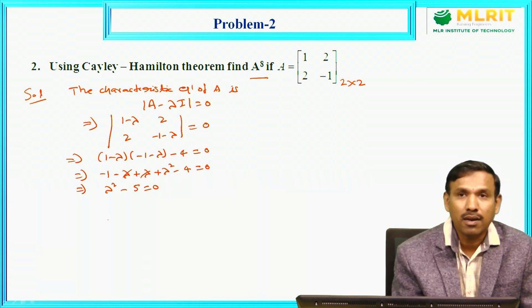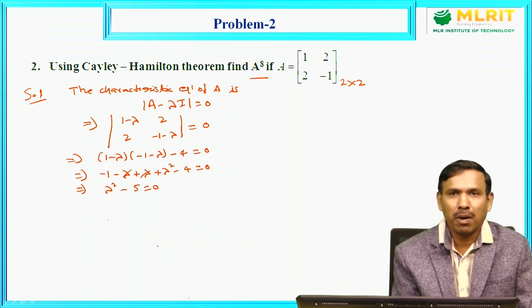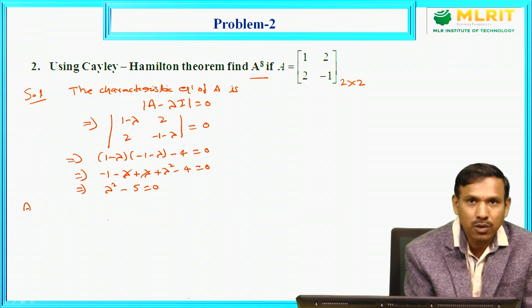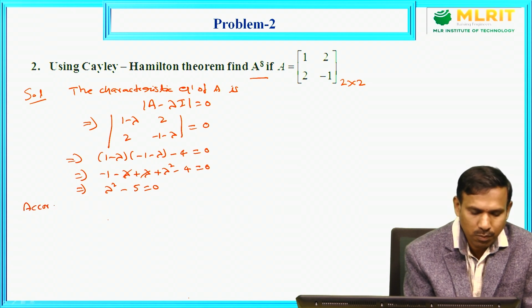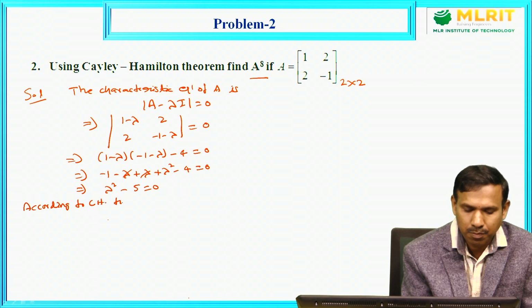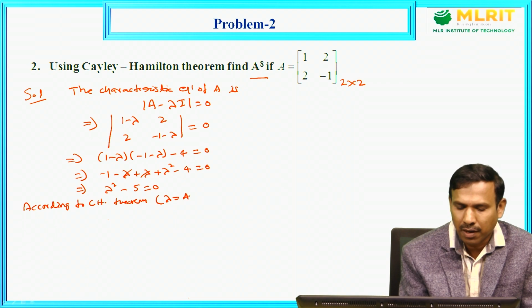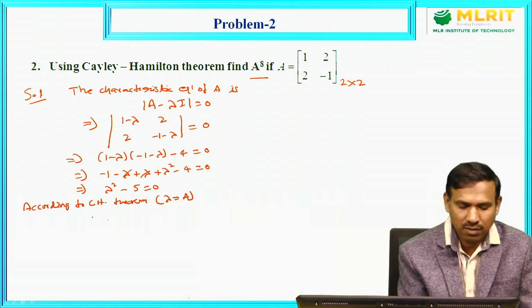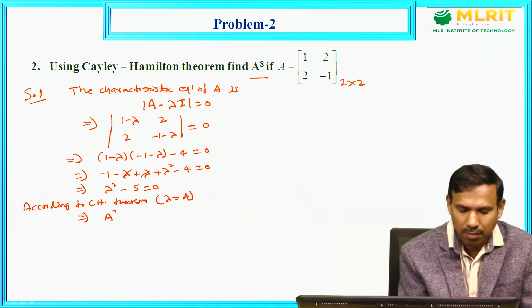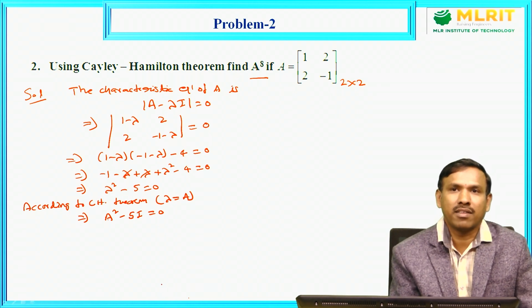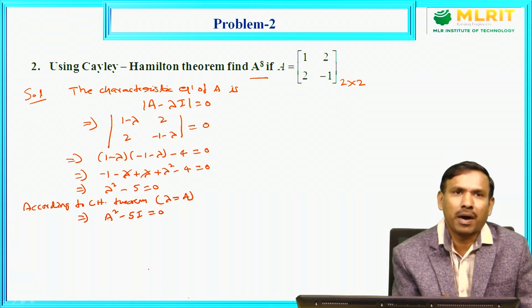Now, according to the Cayley-Hamilton theorem, the square matrix A satisfies the above characteristic equation. So lambda will be replaced by A. A square minus 5 times I, because A square is a matrix and 5 is a constant, and a constant cannot be added to a matrix.